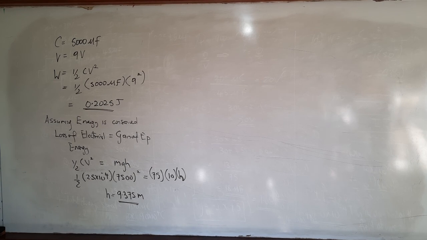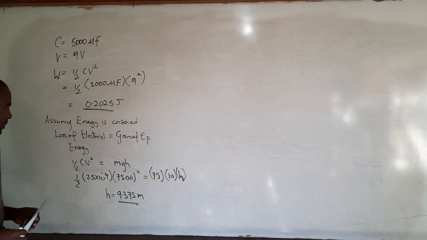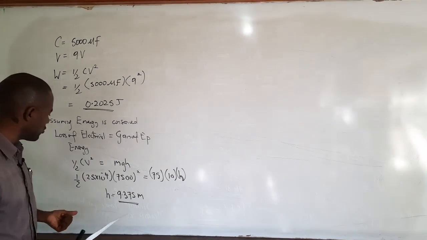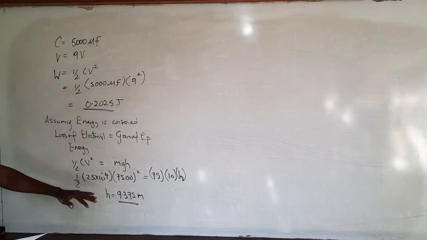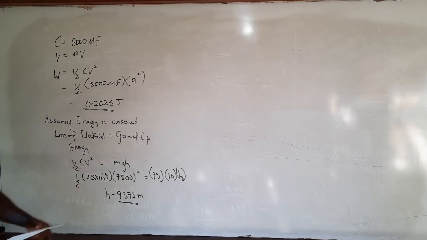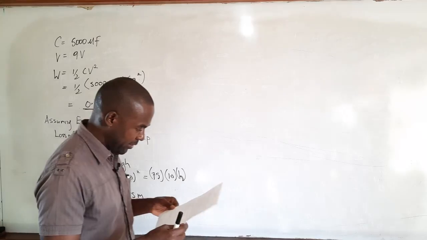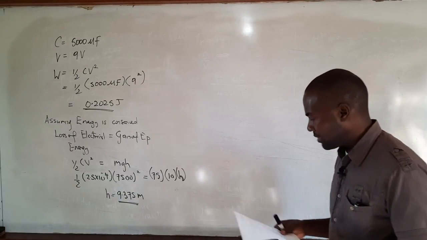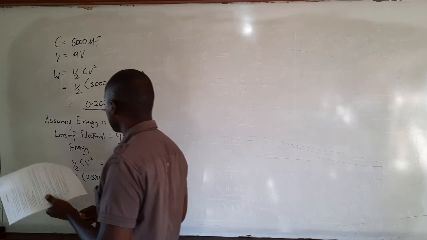So that is the height through which the man of mass 75 kilograms could be raised by a capacitor of 250 microfarads which would have been charged to a PD of 7,500 volts. Right? Good. That was number 5. Now let's look at number 6. Right? So this was number 4.